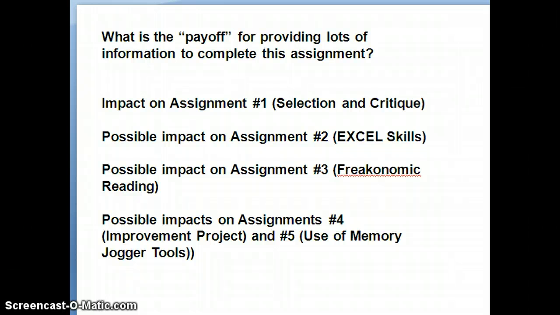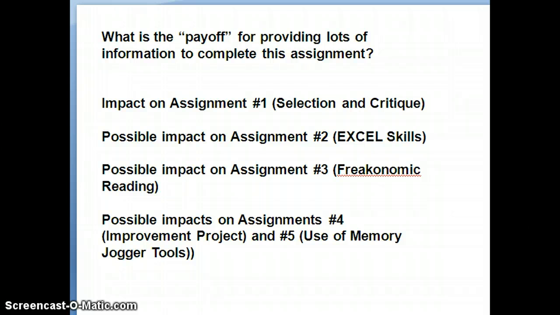Let's go on to assignment 3. You're going to read in the Freakonomics book some selected articles. I'm going to identify some specific sections as targets. You don't have to read them all, but I'm going to give you a bunch of targets, and you're going to select some, and you're going to do some analysis work.